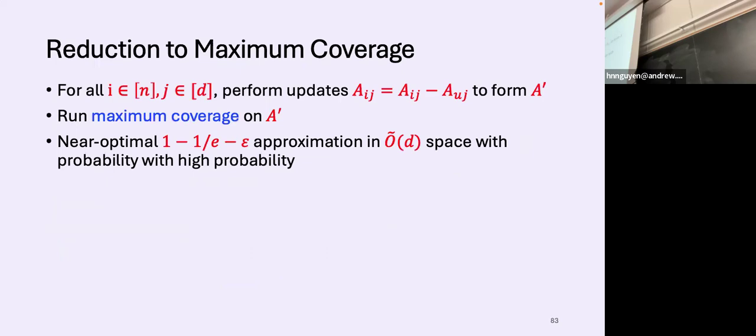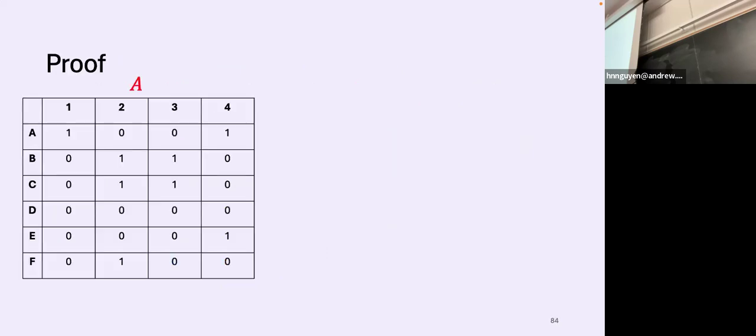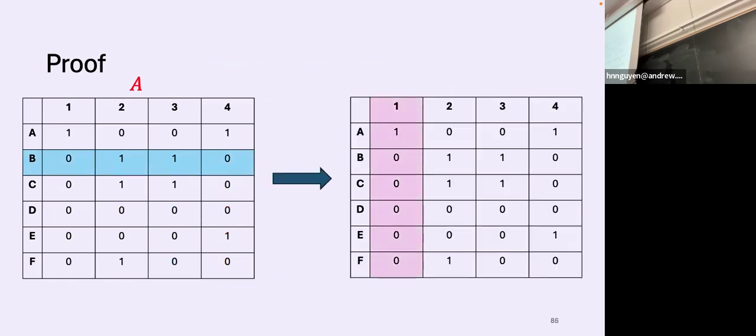I'm just going to skip through this and we'll show a picture. We have our target user, and here, all we're going to do is in every single column, we're going to subtract off the value that the target has in that column. Here, I'm subtracting off 0, so nothing happens. Here, I'm subtracting off 1, and so on. So this is why it was important that we could have non-zeros, because this is clearly not a 1.